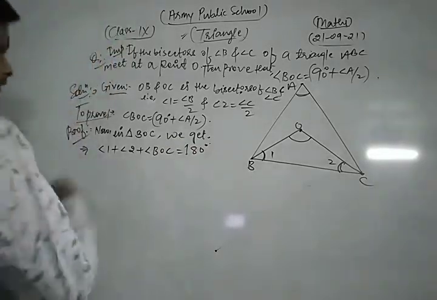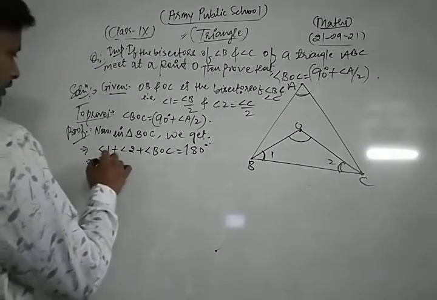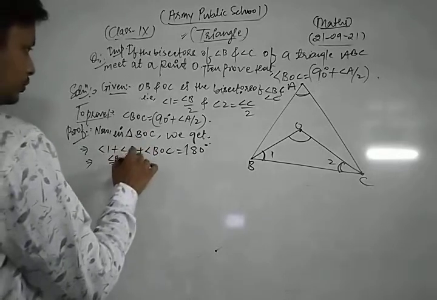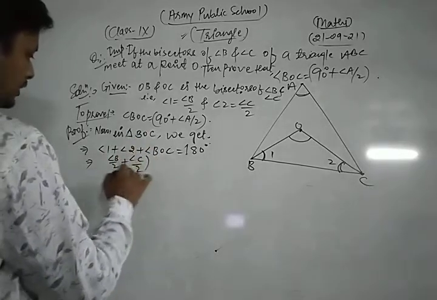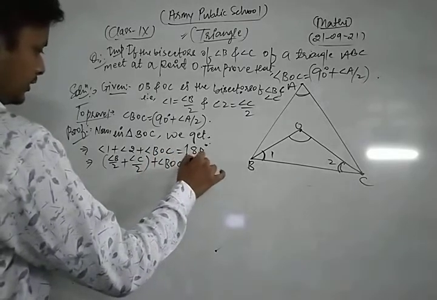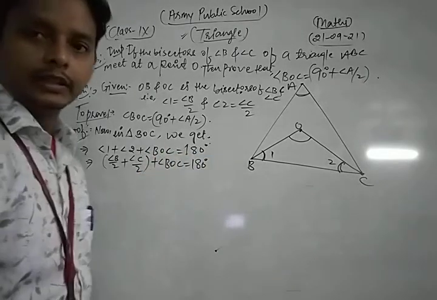Now from there we put angle 1 as angle B by 2, angle 2 as angle C by 2, and plus angle BOC as it is, is equal to 180 degrees.